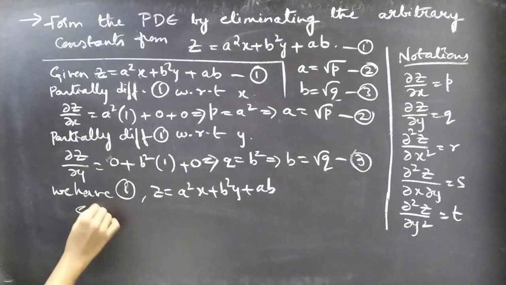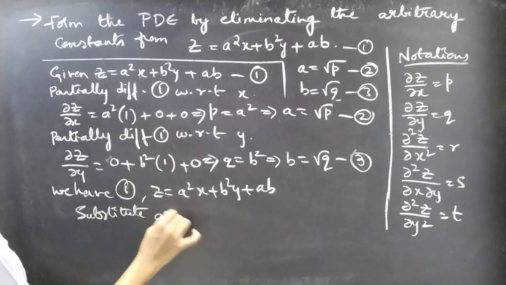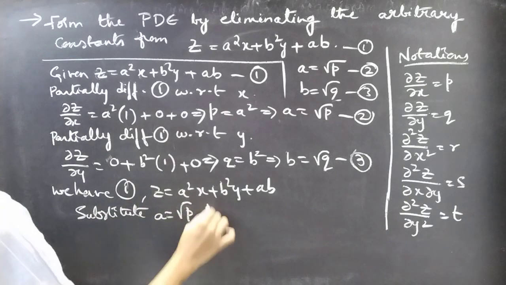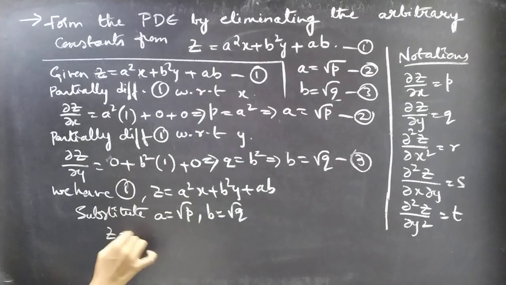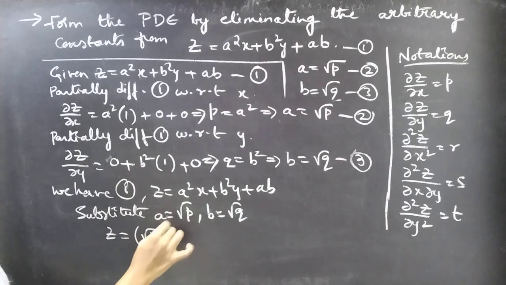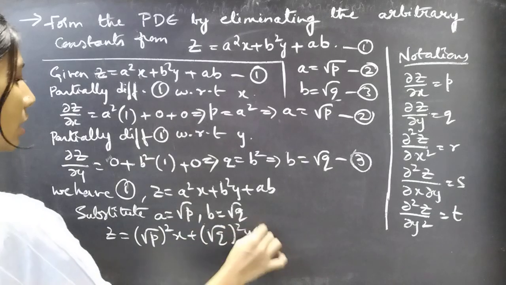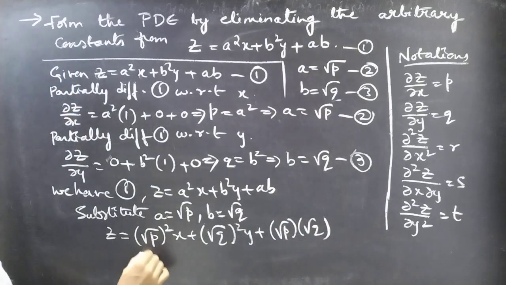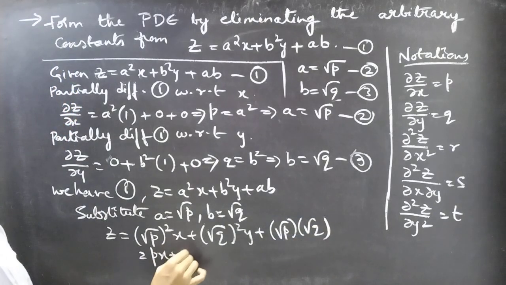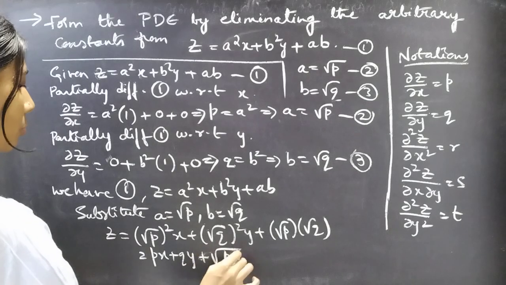Now substitute 2 and 3 in 1, that is a equal to root p, b equal to root q. Then you'll get z equal to root p whole square x plus root q whole square into y plus square root of p into square root of q, which gives us px plus qy plus square root of pq.